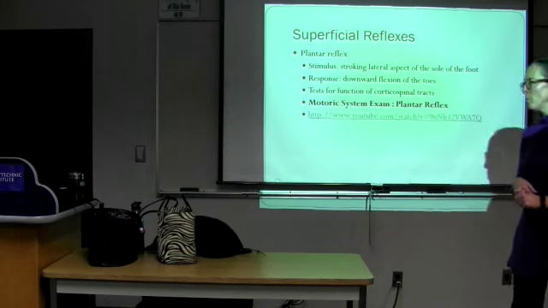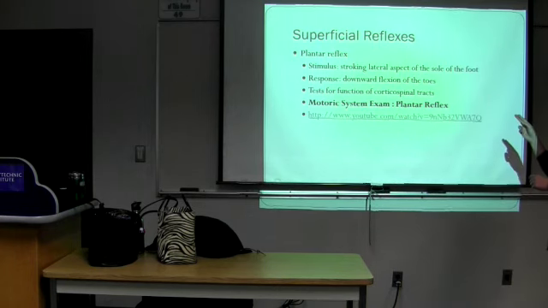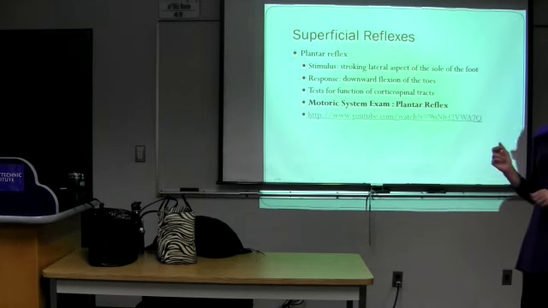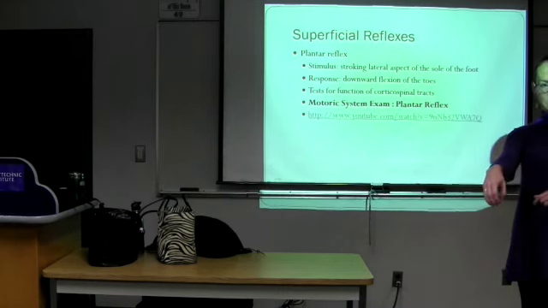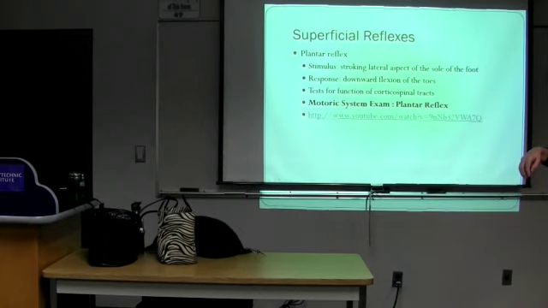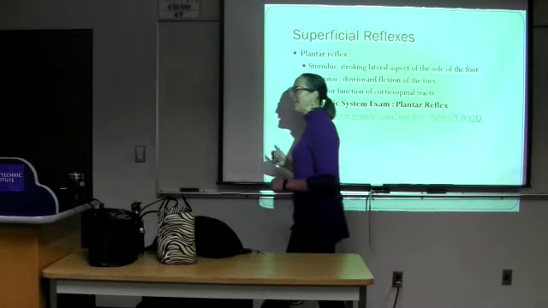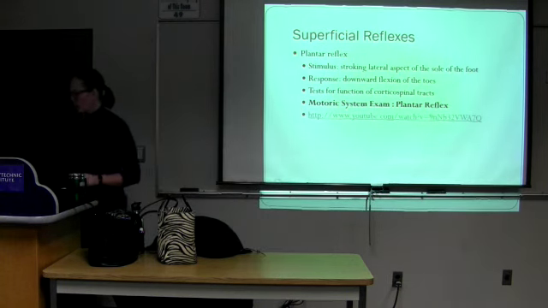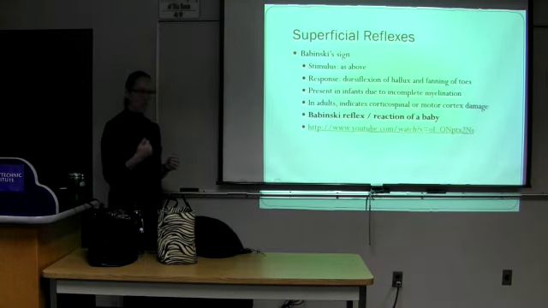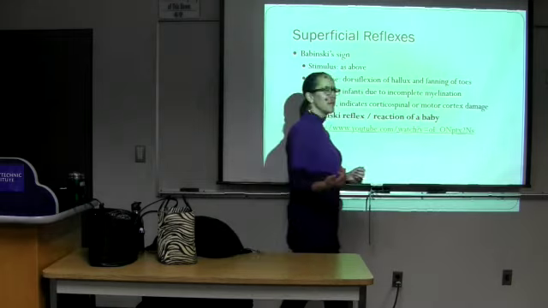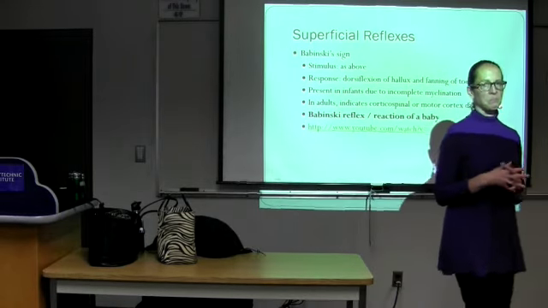So superficial reflex, plantar reflex is the test, and the normal response is to push the toes down. If the toes come up and out, it's known as Babinski's sign. So that's an abnormal finding.